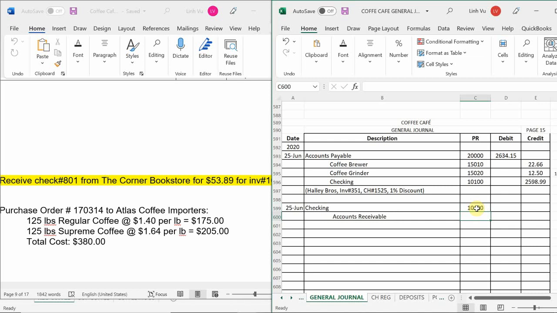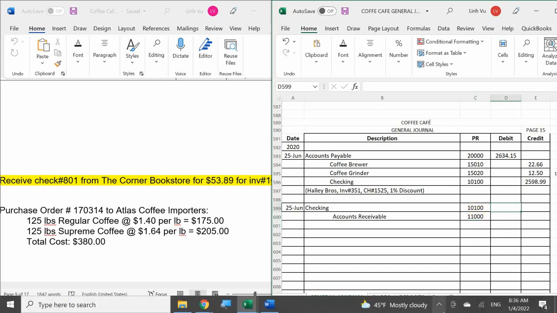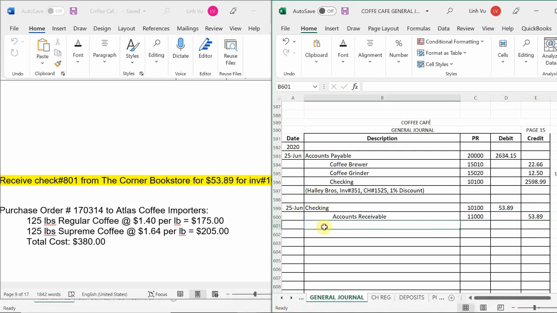Account receivable, which is 11,000. And how much was that check for? $53.89. And it's for invoice number 102. So, description.